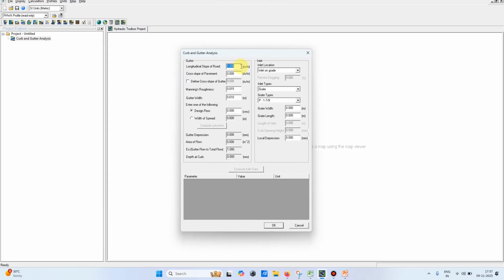The longitudinal slope of the road is 0.5%, so 0.5% is nothing but 0.005.